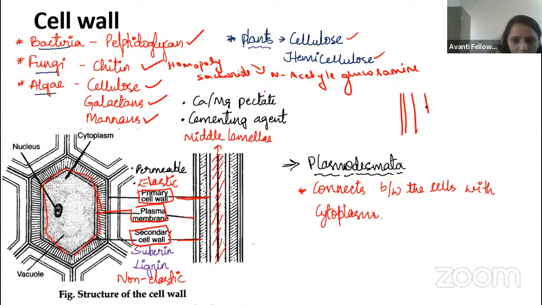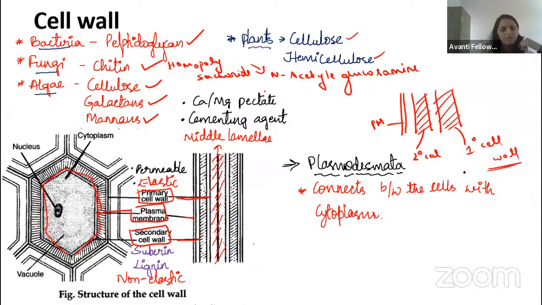And here you can see the second one, that is the secondary cell wall. Right guys. Then the last one, that is the primary cell wall. Okay, it is like this. So here you can see the plasma membrane, the secondary cell wall, and the primary cell wall. Remember guys.